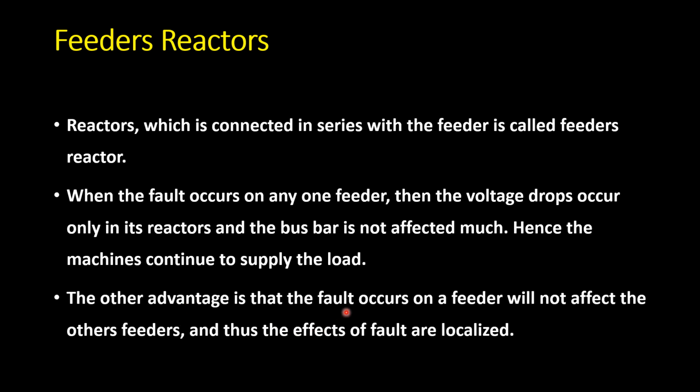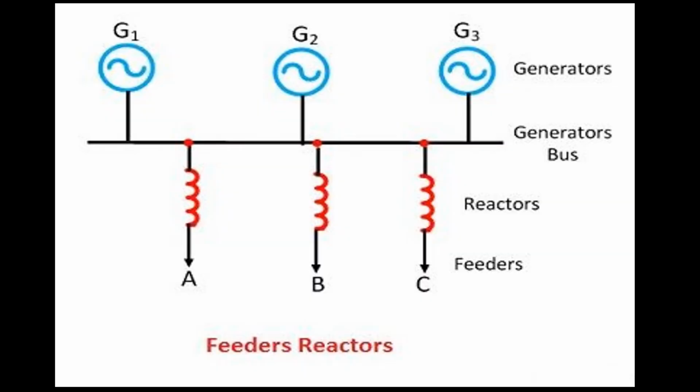The other advantage is if any fault occurs on the feeder will not affect the other feeder, and thus effects of faults are localized. Just see this figure. In this particular figure, you will find reactors are connected in series with feeder.